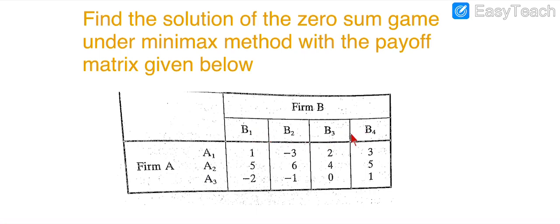These options are actually the strategies which the firm can adopt. And firm A has three options: A1, A2 and A3. These are actually the strategies which firm A can adopt. You have to see how we have to solve this table with the help of the Minimax method. Let's see here.